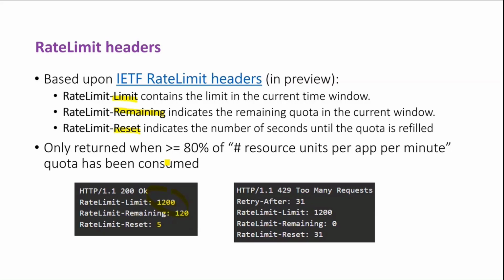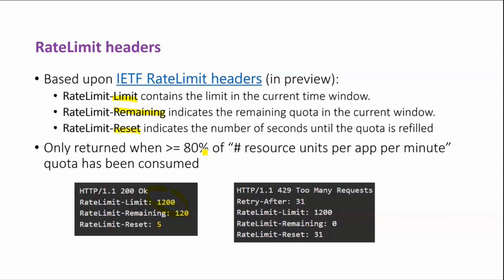So we give you this information, and then you can use it to start slowing down. The idea is that when you're about to get throttled, let's say you're at 90% of consumption of your resource units, then you maybe want to do a little pause, to avoid getting throttled altogether.